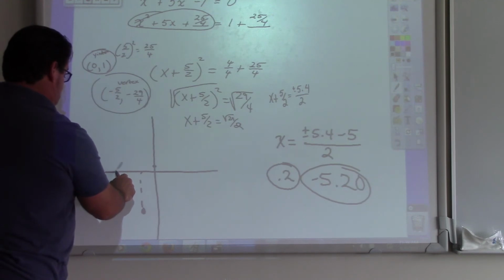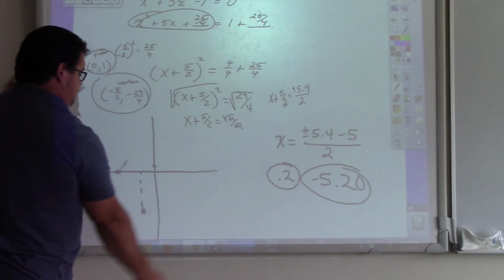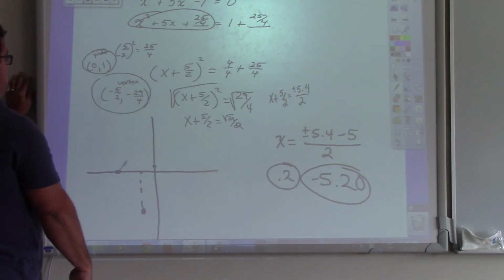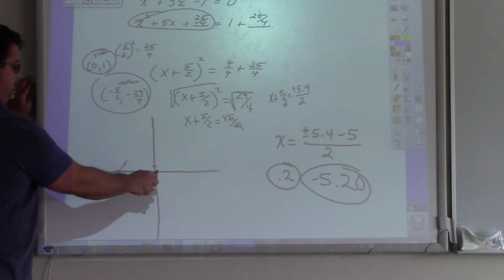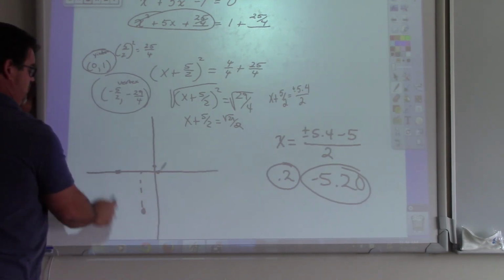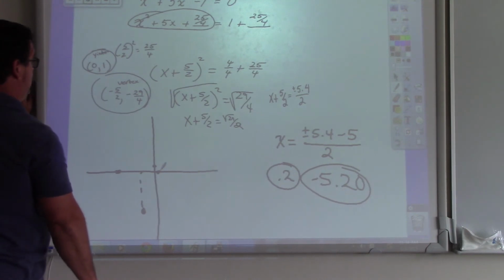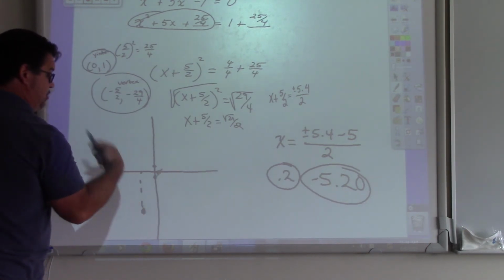The y is negative 1, that's negative 5.2. And that 0.2 is not lining up. Y is supposed to be negative 1. That's better, thank you. See, I knew something was wrong.